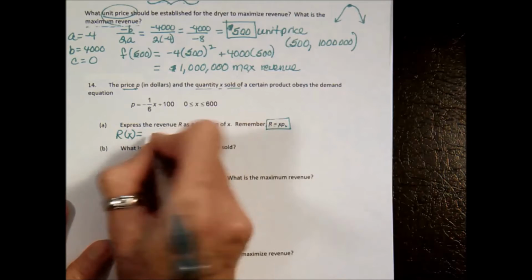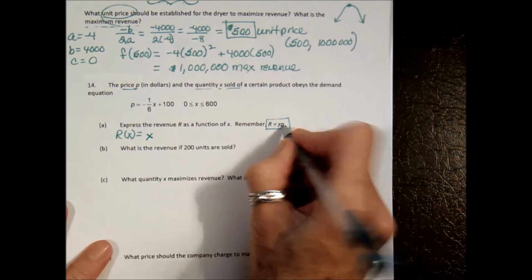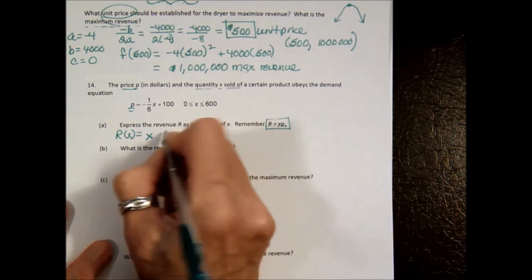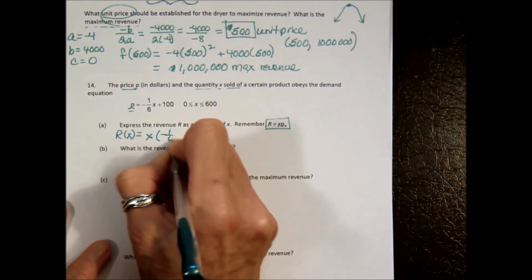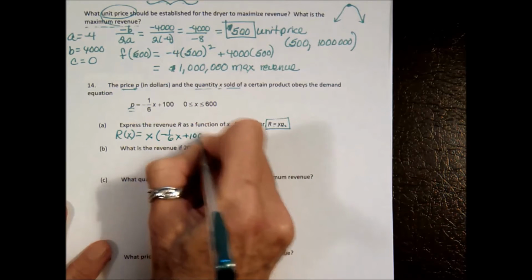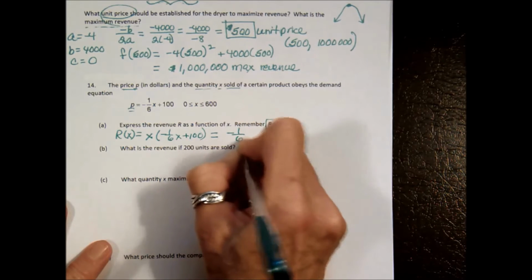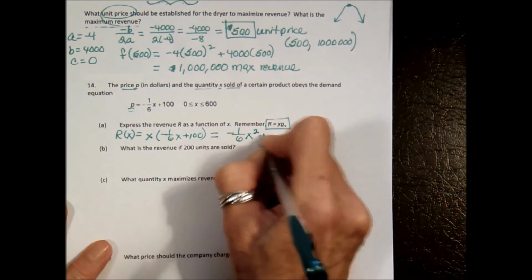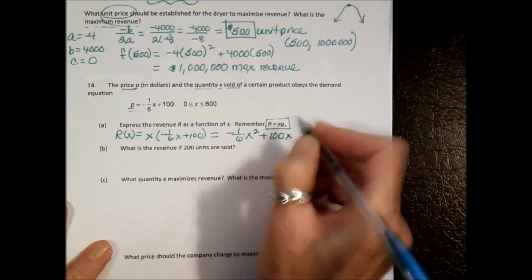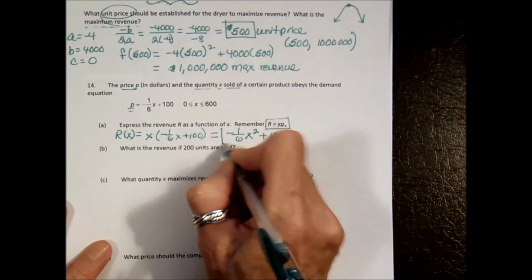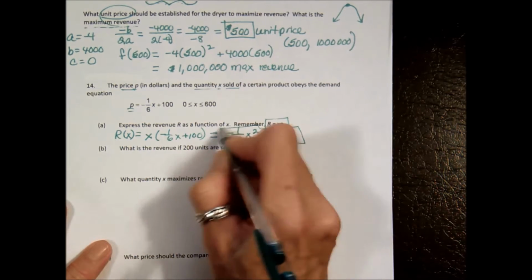So it's going to be X times P, but P is equal to this. So X times -1/6 X plus 100. Now we need to clean that up a little bit, which is -1/6 X squared plus 100X. That is R of X. That's all they were asking for right there.